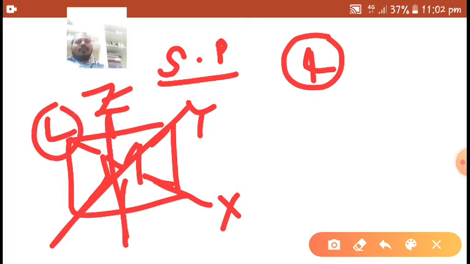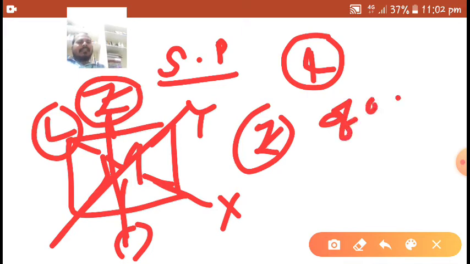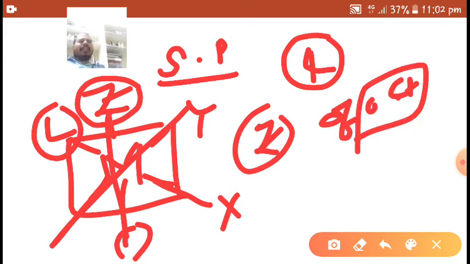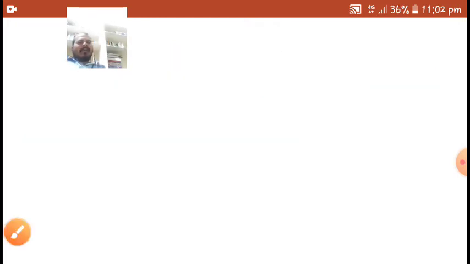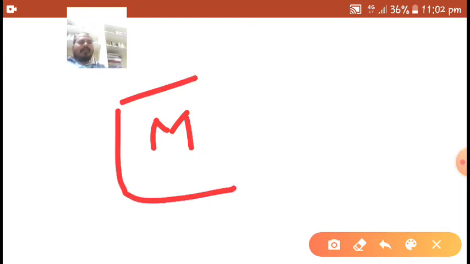If you remove two ligands from the Z axis of octahedral complexes, you will get a square planar structure. That means after removing two ligands from the Z axis, we get a square planar complex.